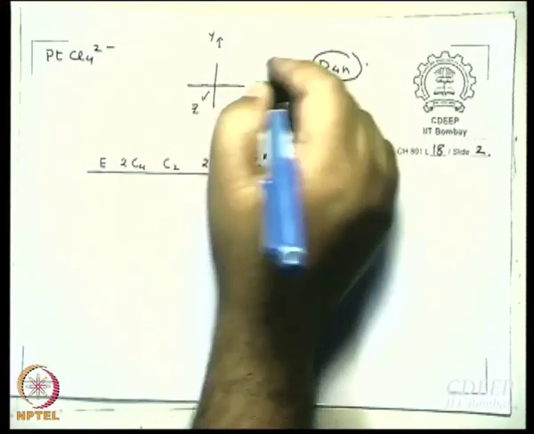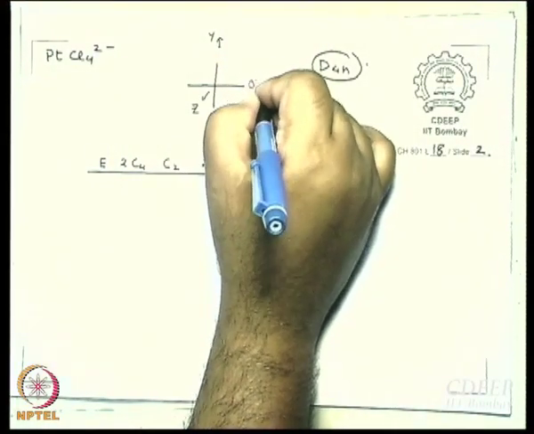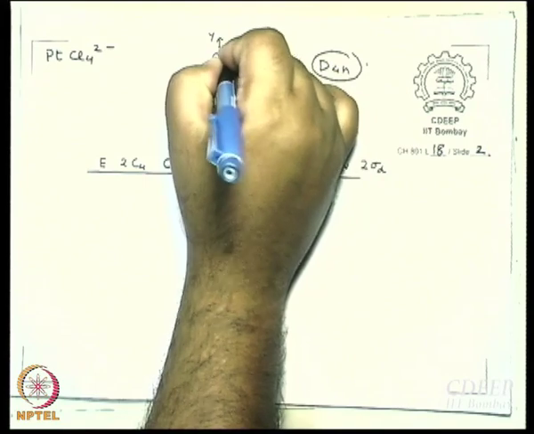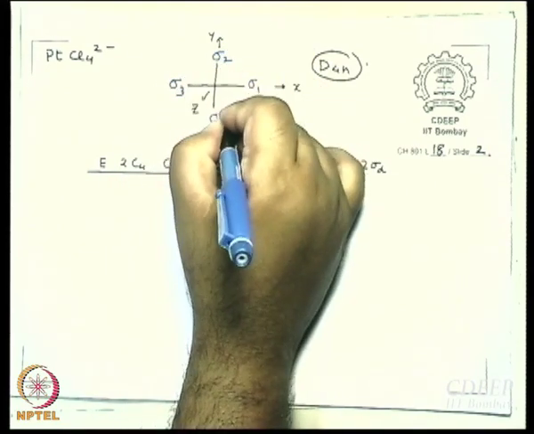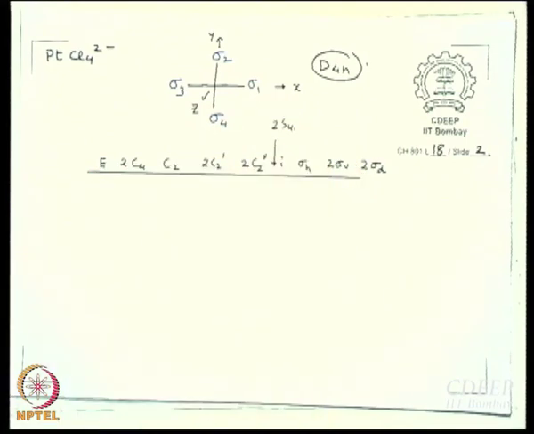Let me call them sigma 1, sigma 2, sigma 3 and sigma 4. The problem is you cannot even see the color I use. There is no sigma 5.